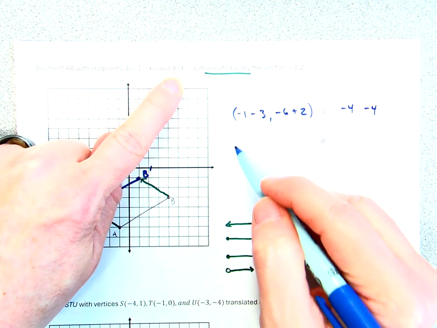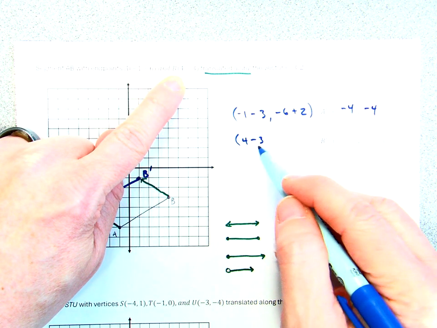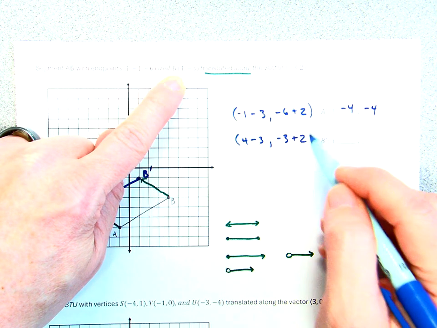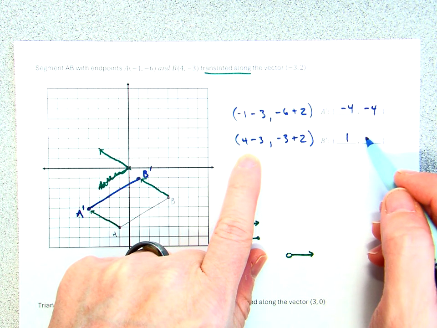And same thing, my x value of 4 is going to be moved to the left 3 units, and my y value is going to be moved up 2 units. So this will just be, what, 1, -1?